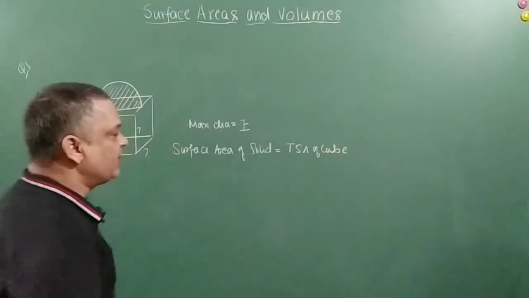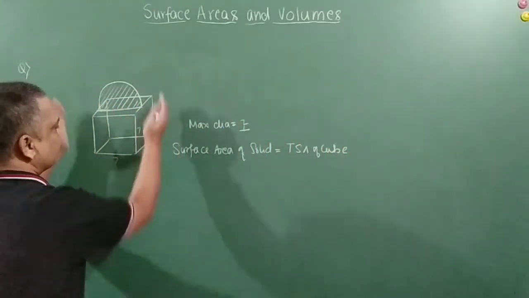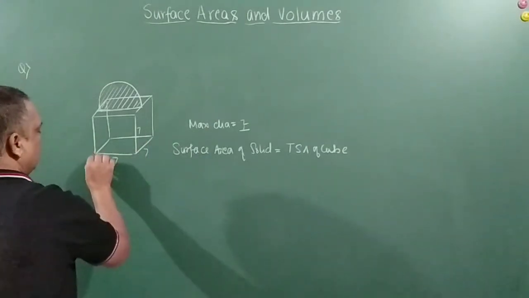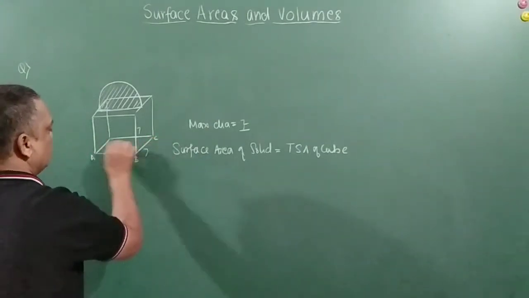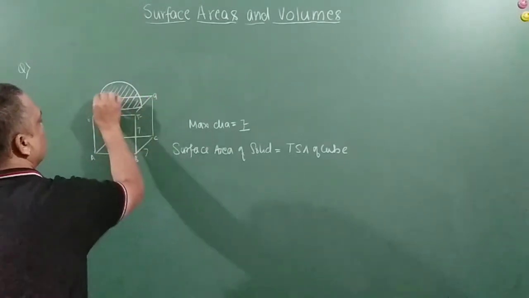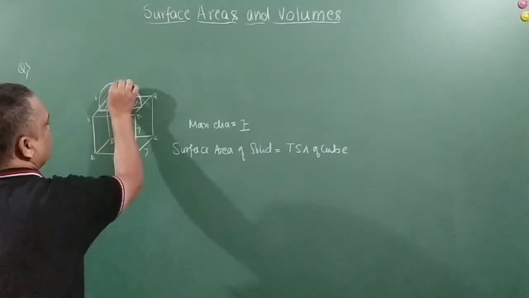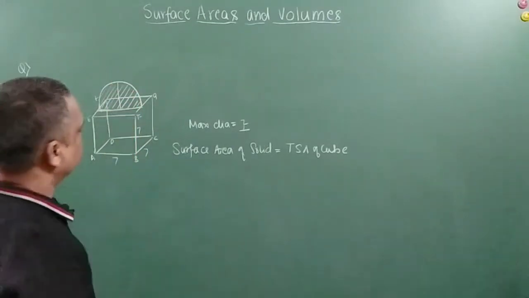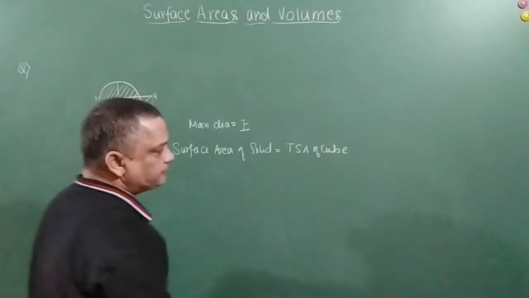Now what has happened, friend? When I have considered total surface area of the cube, okay, let's call this, and this will be your radius.